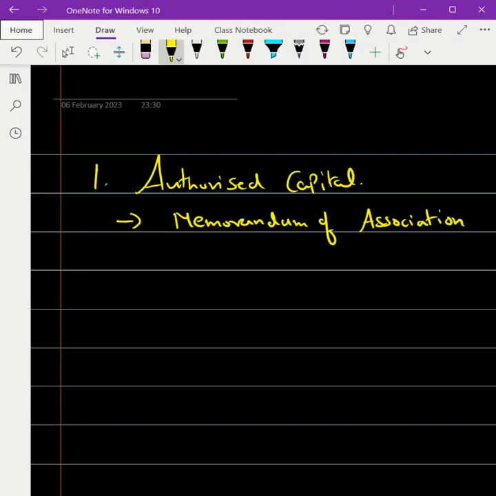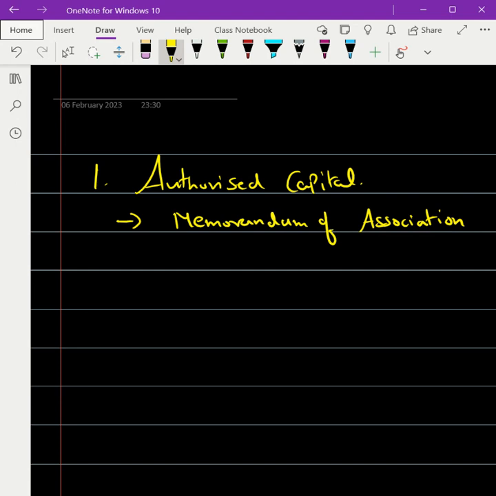When we discussed yesterday about calls in arrears and calls in advance, we also discussed interest on calls in arrears and interest on calls in advance. What was the document that was specified then? Very good, there we had discussed the articles of association, but here we are discussing the memorandum of association.